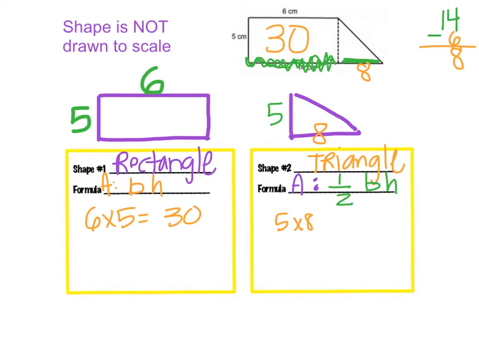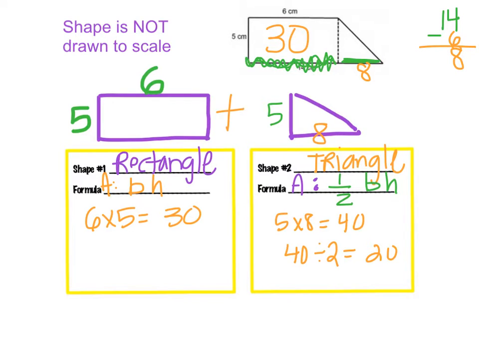So 5 times 8 is 40. And then remember it says you need to take half of it. So 40 divided by 2 is 20. Then the final step would be, let's add it all together to get the total.